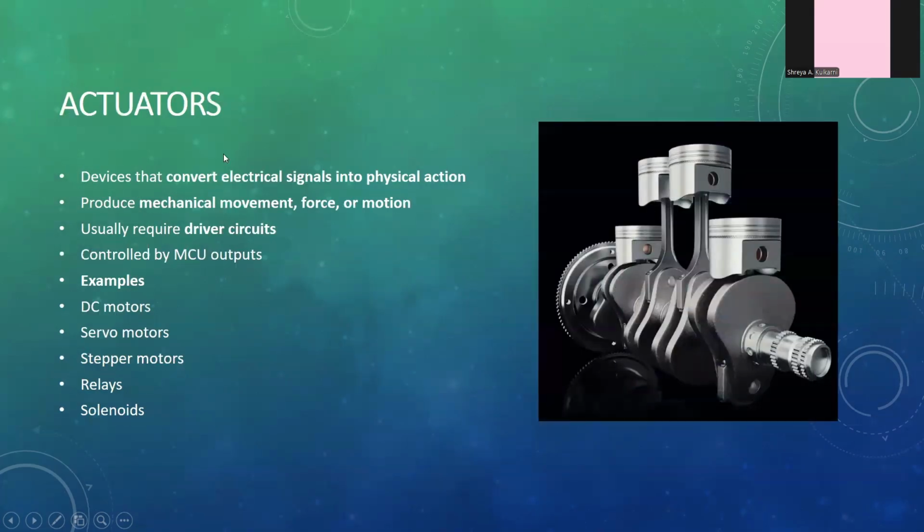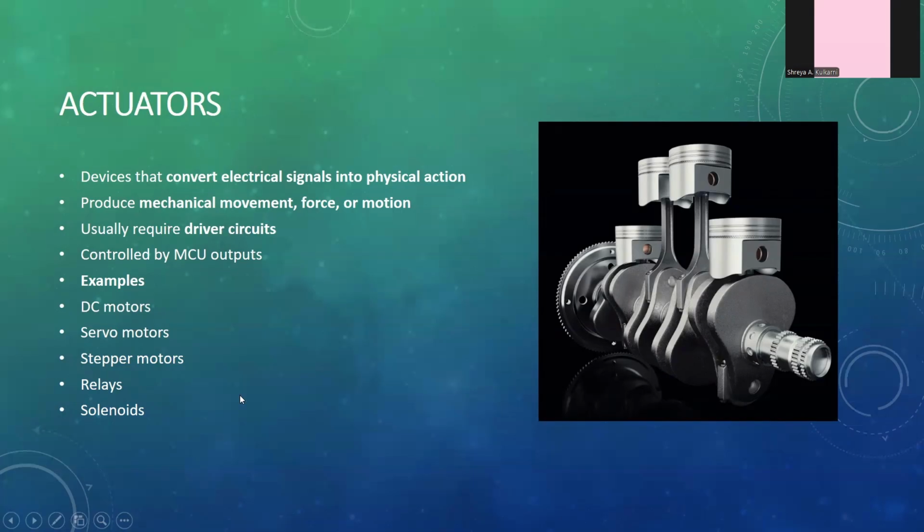Then for the output side, we moved on to actuators. Actuators are devices that convert electrical signals into physical signals, for example converting electrical energy to mechanical energy, in the form of movement, force, or motion. This is usually required in real life.